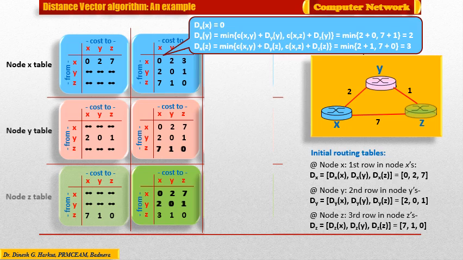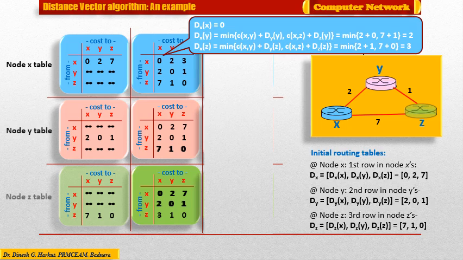Note, for example, that node X's estimate for the least cost to node Z, dxz, has changed from 7 to 3 after the computing. Also note that for node X, neighboring node Y achieves the minimum.